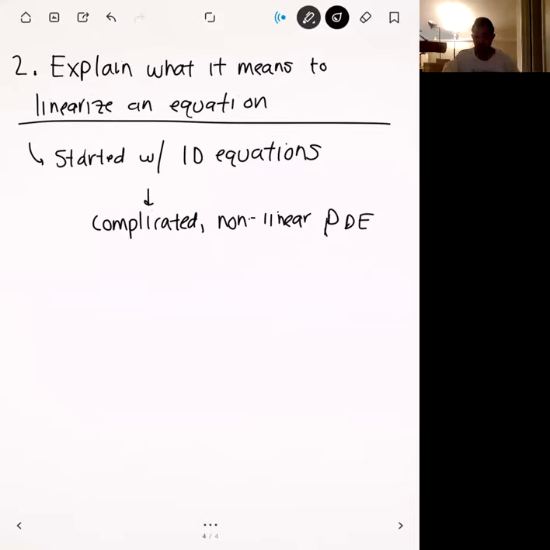And the thing with complicated nonlinear PDEs is that they're really hard to solve. So in order for us to start working with this equation and to derive expressions for impedance, we couldn't just take the 1D equations as they are. We had to think of a way to simplify these equations, but still respect the essential physics of these equations.